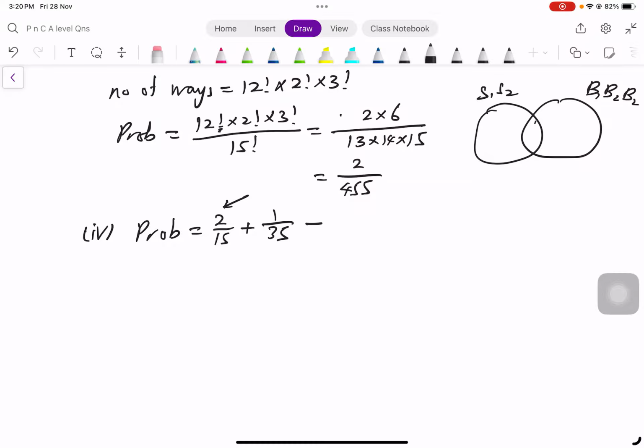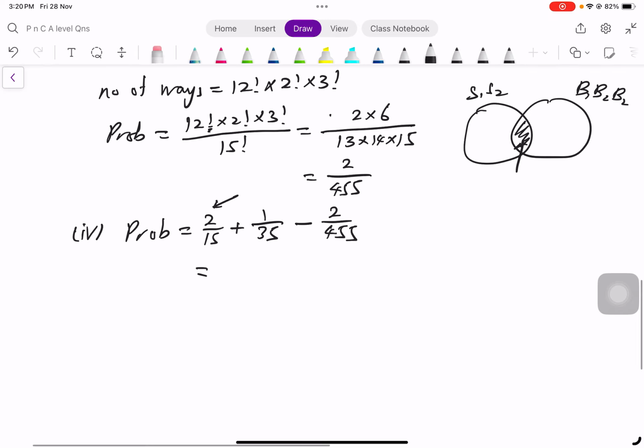There is a case whereby both brothers and sisters are next to each other, and this middle part is counted twice. Therefore, you must take away 2 over 455. In this case, the answer is 43 over 273. That is your part 4.